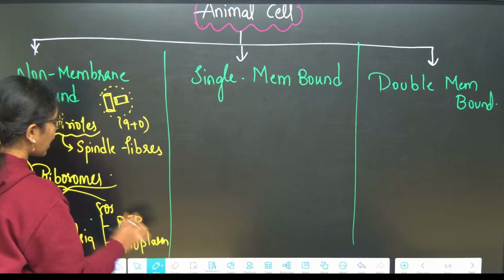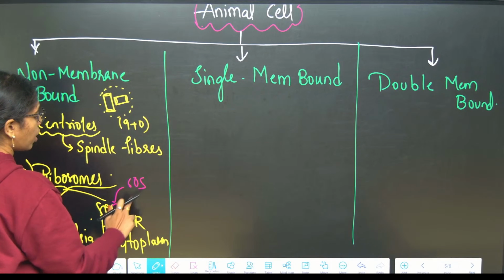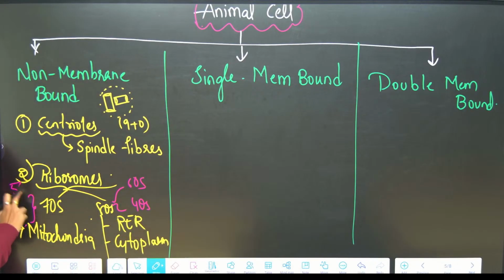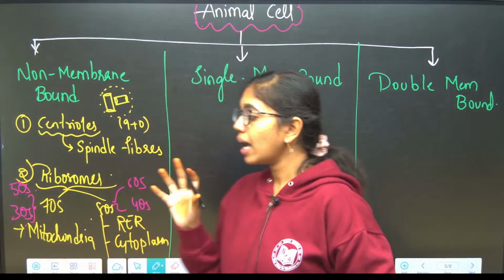The larger subunit of the 80S ribosome is 60S, and the smaller subunit is 40S. In the 70S ribosome, the larger subunit is 50S and the smaller subunit is 30S. These are the non-membrane bound organelles that we see in an animal cell.